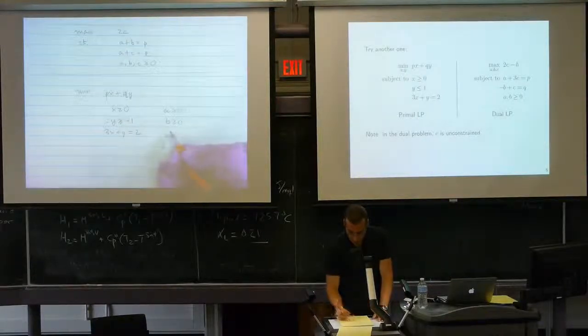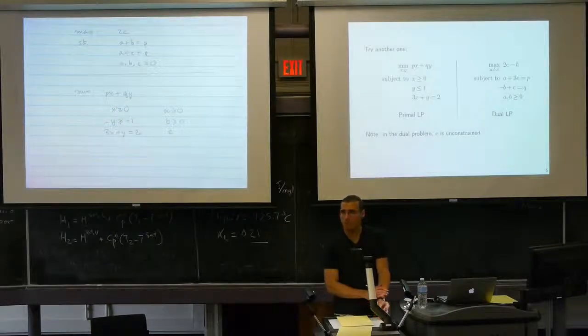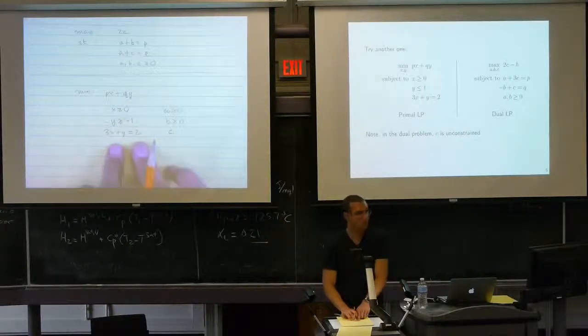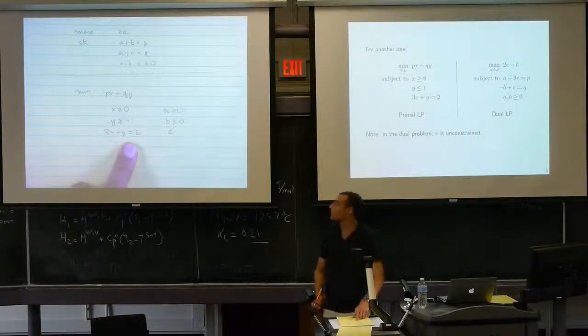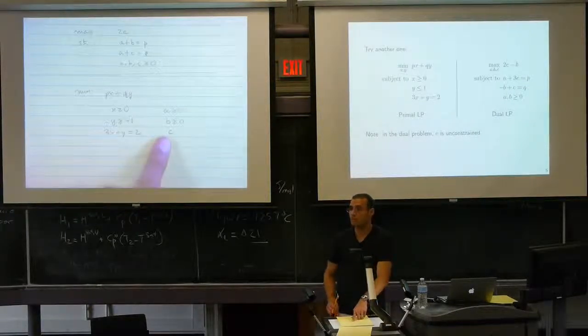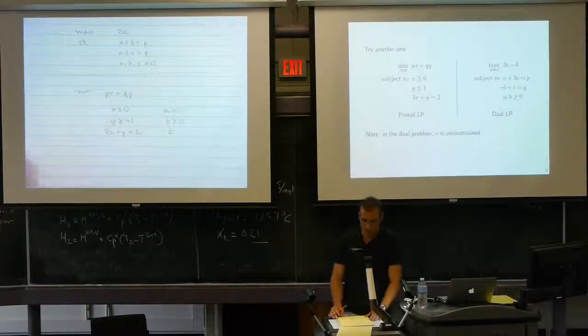And I have c. Do I need to make c non-negative here? I don't, because no matter what c is, if I multiply both sides of the equation by c, it's still going to be an equality. I don't have to worry about flipping the sign of a constraint. So c is unconstrained. c can be anything, positive or negative.